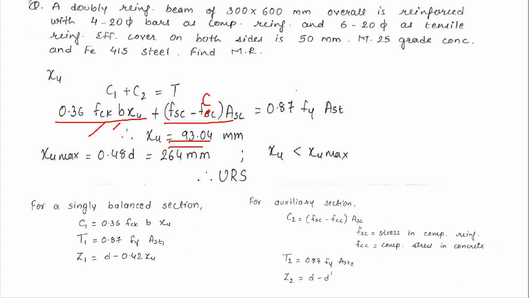Now again, as we did in the previous chapter, we will find the relation between XU and XU max. To find XU max, whether it is a singly reinforced beam, a doubly reinforced beam or a T beam that we'll see later on, the equation will be the same as given on page number 70 of your IS code.